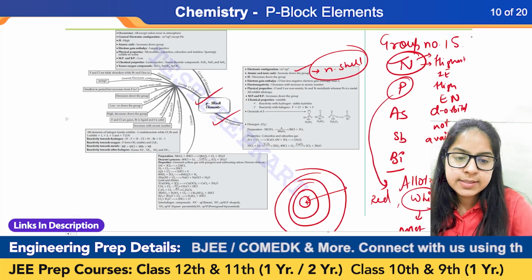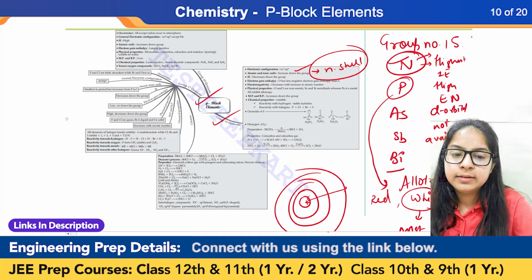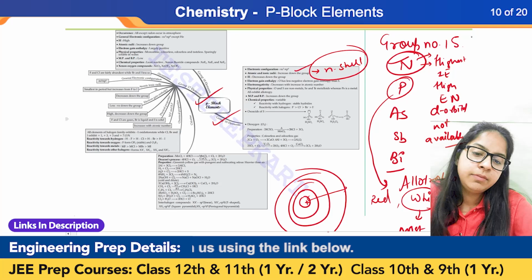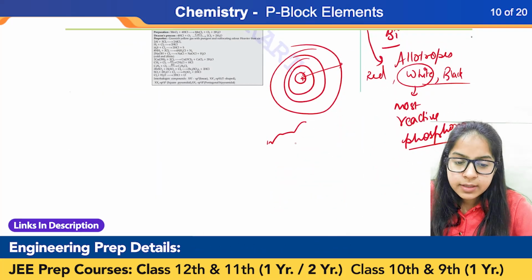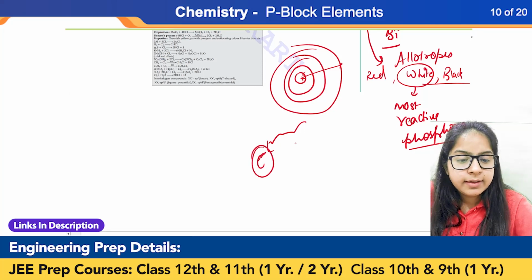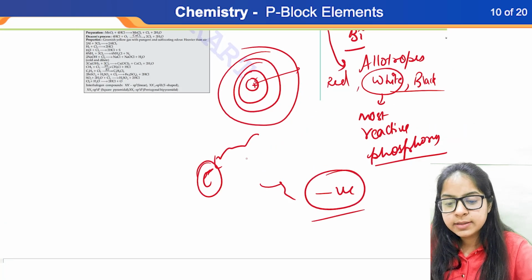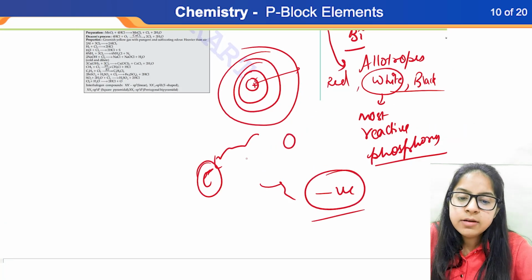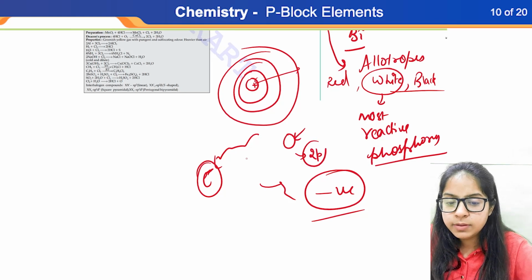Now the next one is electron gain enthalpy. Oxygen has less negative electron gain enthalpy than S. Actually, if there is any increase of electrons in the orbital, then there is a release of energy, that is negative. Oxygen cannot gain an electron very easily because of its small size orbital, that is 2p. 2p cannot hold more electrons because of the small size.